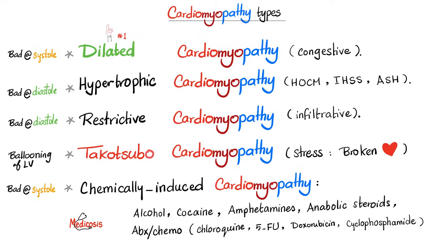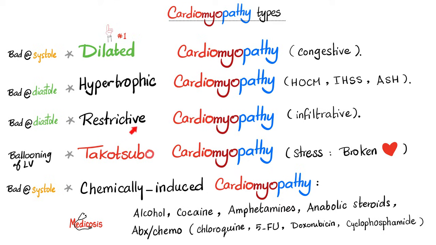In dilated cardiomyopathy, I'm very good at relaxing and accepting the blood because I'm dilated, I'm wide open, bring in the blood. So I'm very good at diastole, but I suck at systole. Hypertrophic is the exact opposite. I'm very good at systole because I have strong muscles here. However, I suck at diastole because everything is narrow, thanks to the asymmetric hypertrophy.